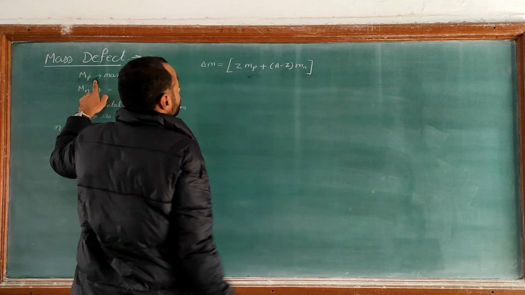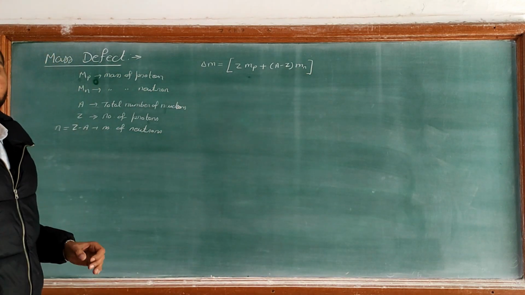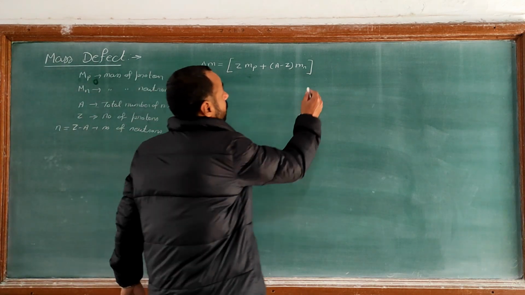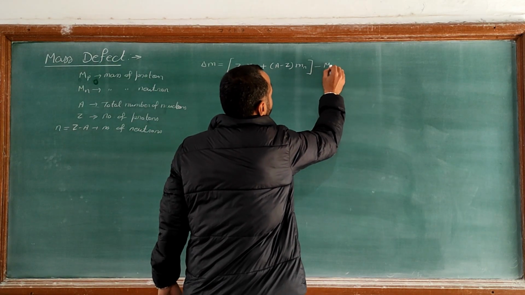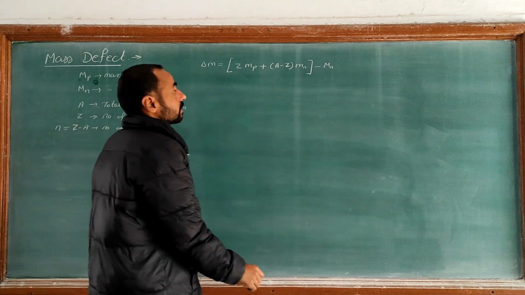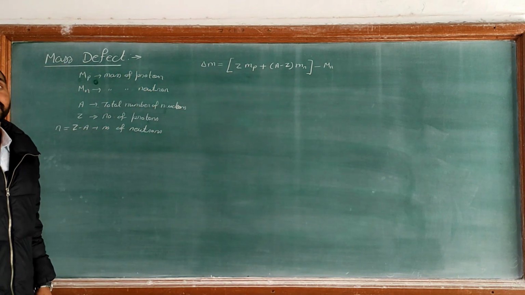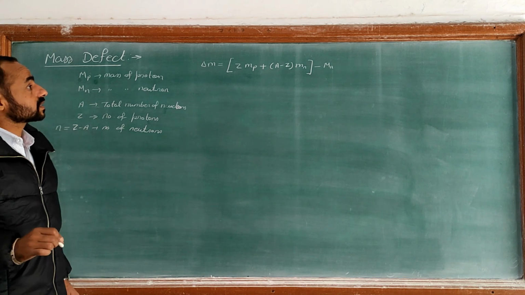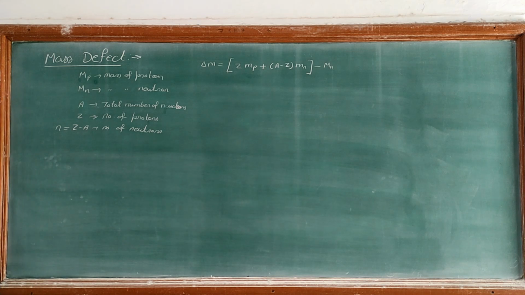This is the mass of the nucleons which form the nucleus, minus the rest mass of the nucleus. Let it be capital M, and N denotes the nucleus. Then delta M = Z Mp + (A minus Z) Mn minus M nucleus represents the mass defect.